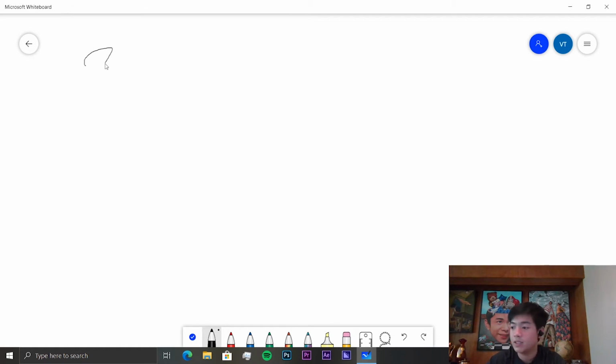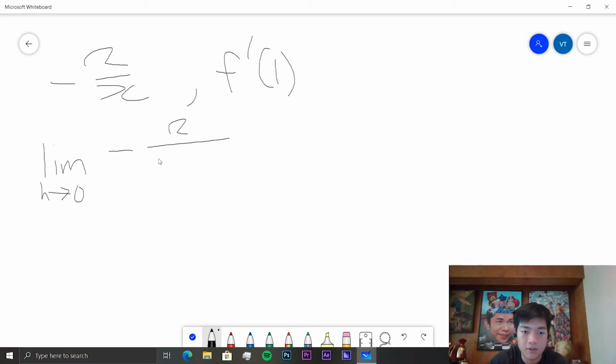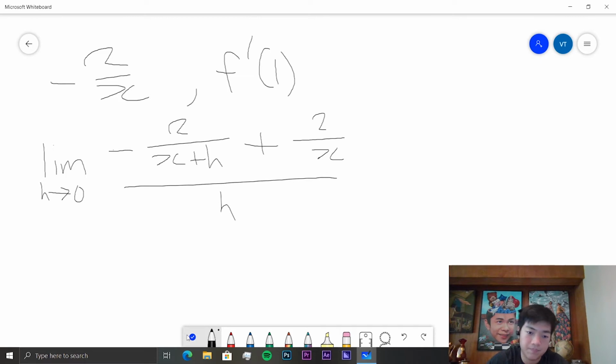So the next function is negative 2 over x, and we need to find the derivative at what? So what we have here is the limit as h tends to 0 of f of x plus h, negative 2 over x plus h, plus 2 over x, over h.